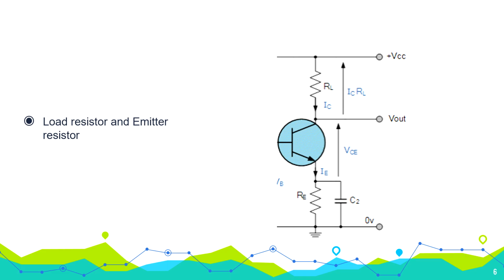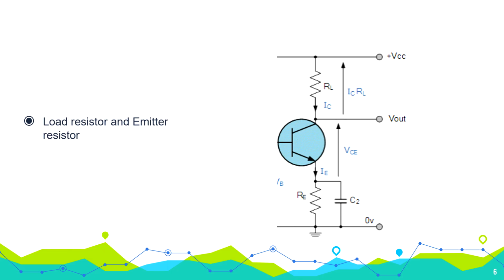The right hand side of the circuit is the output side of the amplifier, and resistor RL, or in some diagrams it is given as RC, is the collector resistor, or resistor at load side. Load is the output terminal of any circuit, and in this case collector is acting as the output terminal. Therefore, RL is labeled as resistor at collector.